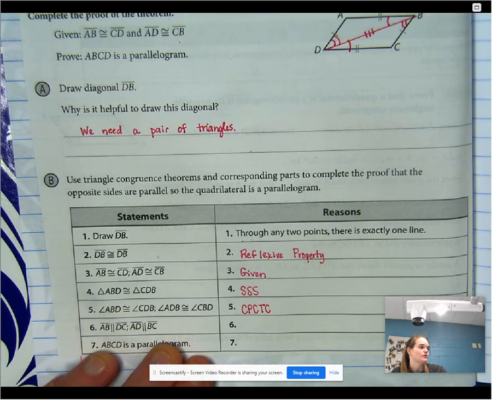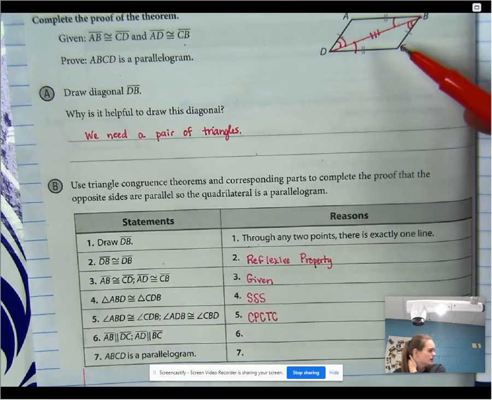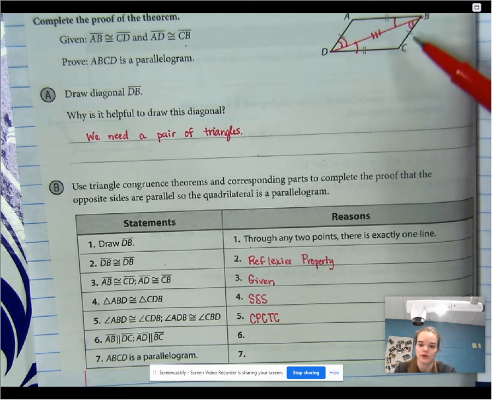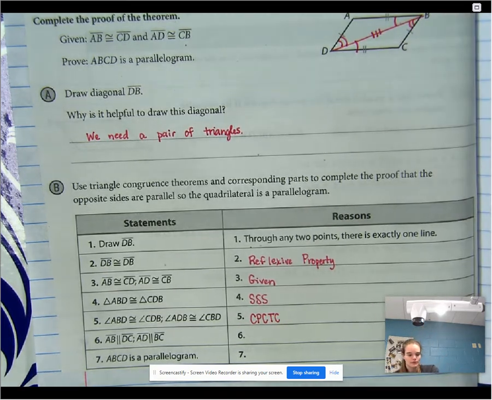Once we've proved we have 2 congruent triangles, they are trying to show you, this is back in 4.3, way back in your notebook. When we proved that lines are parallel, we could use corresponding angles or alternate interior angles. If we have that those are congruent, and that was the converse of those, if we know that those angles are congruent, that means that the opposite sides are parallel. So that's actually what we're going to use here.